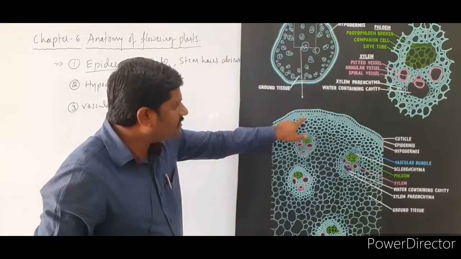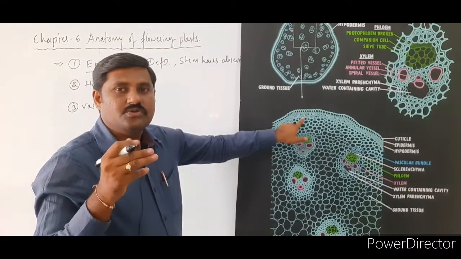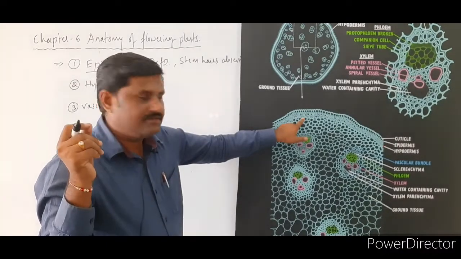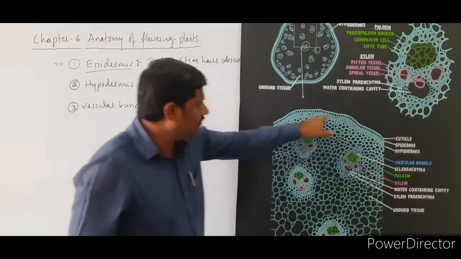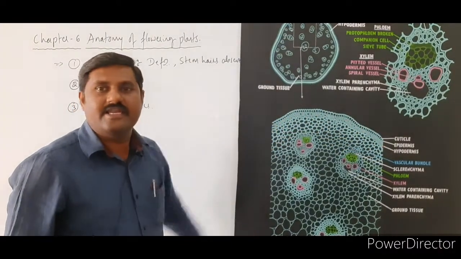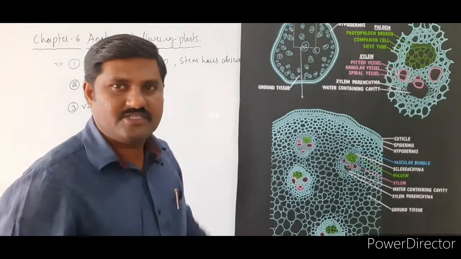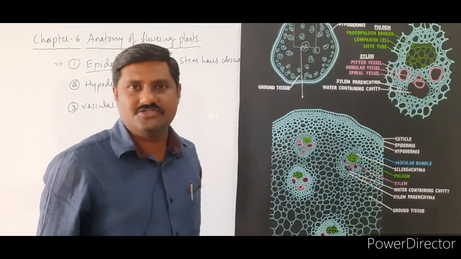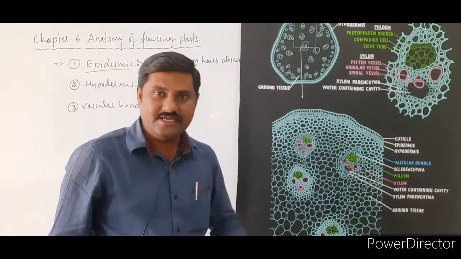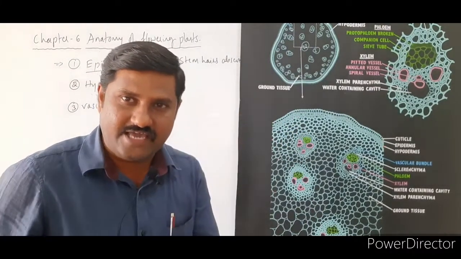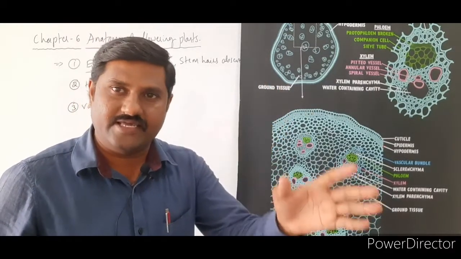And epidermis is followed by 2 to 3 layered sclerenchyma tissue over here. Sclerenchymatous tissue is seen over here. So it forms the 2 to 3 celled layers, and that forms the hypodermis, right? But in case of dicot stem, hypodermis was made up of collenchyma.